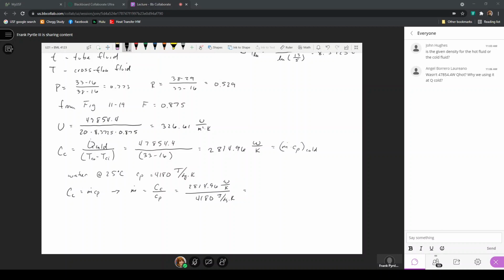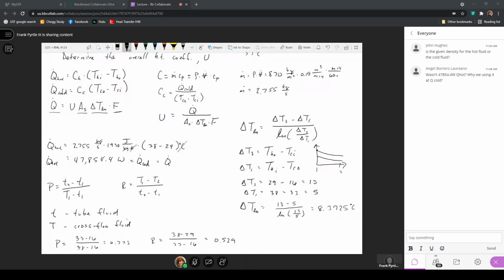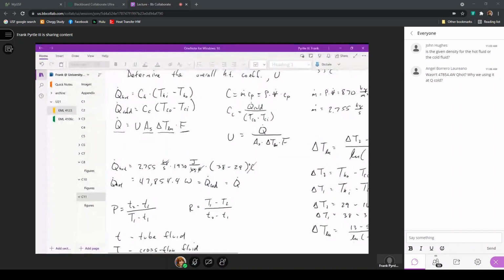We get 0.673 kilograms per second for the water, while the mass flow rate for the oil was 2.755 kilograms per second. The difference is due to the delta T difference and the capacity rate differences that exist for the two fluids.